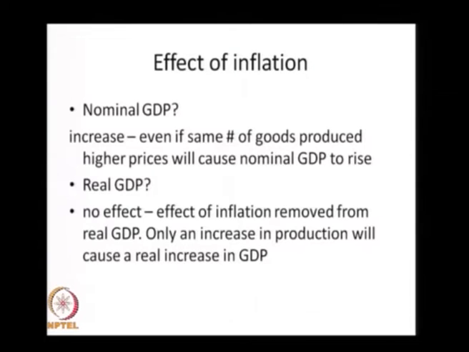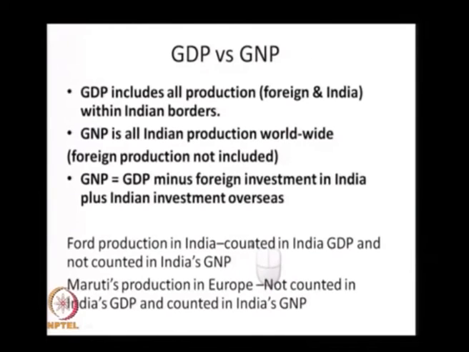Only an increase in production, which means an increase in the real output, will actually cause a real increase in GDP. So we need to understand the difference between a nominal GDP and a real GDP.